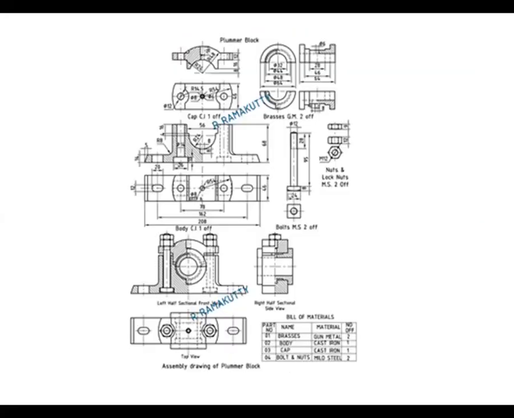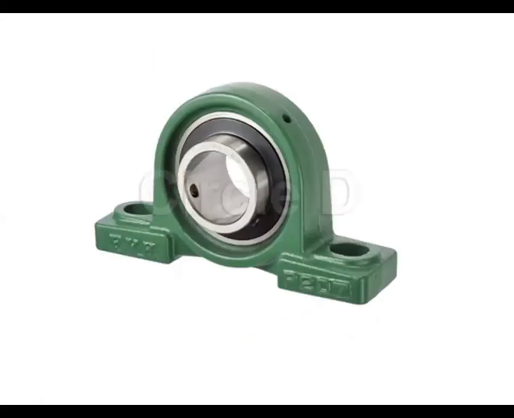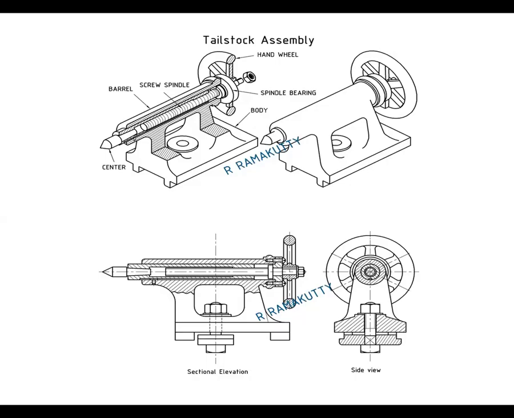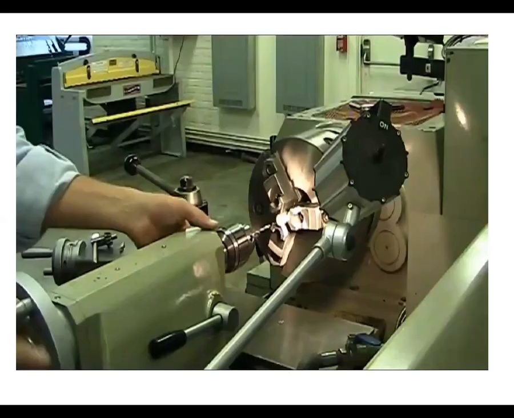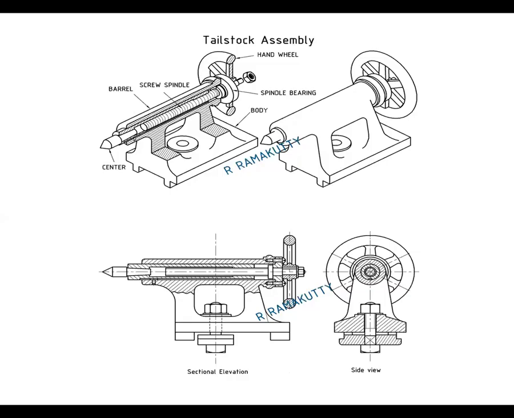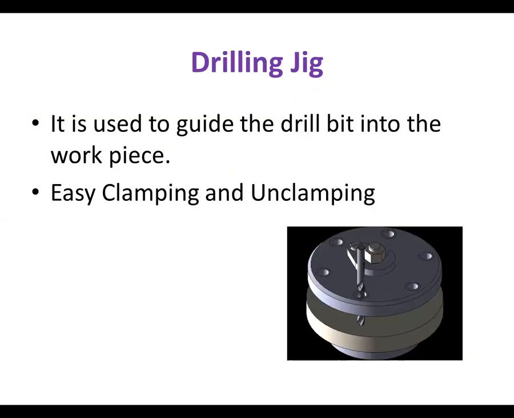For example, let's say tail stock, pedestal bearing, plumber block. We have drawn the detailed parts from the assembly. This is the assembly of flex tail stock and this is the detailed part.